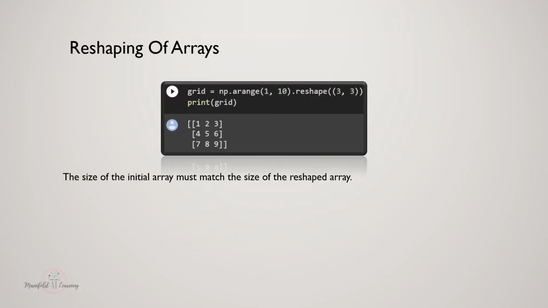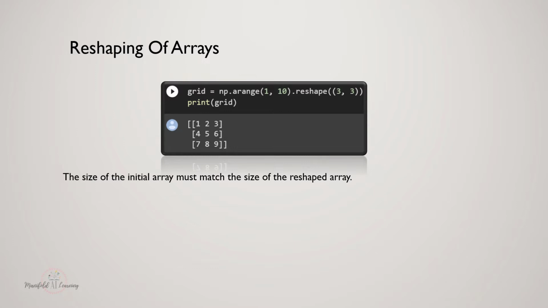Next, moving on. Once my array has been created, I can shape it as per my requirement. This shaping of the array is called reshaping the array. While performing the reshape, one thing we have to ensure is that the number of elements in my original array is the same as in the new array which I'm trying to reshape.